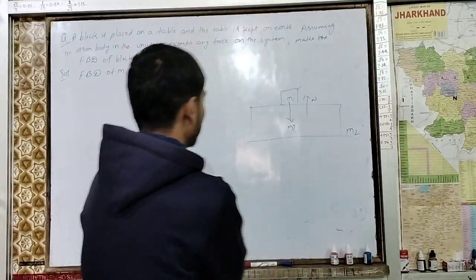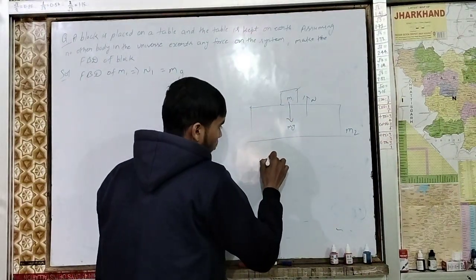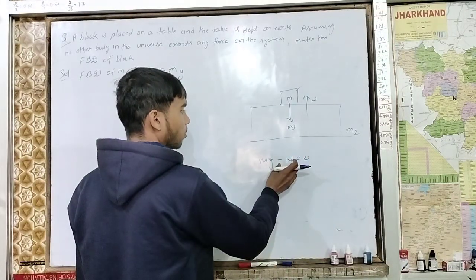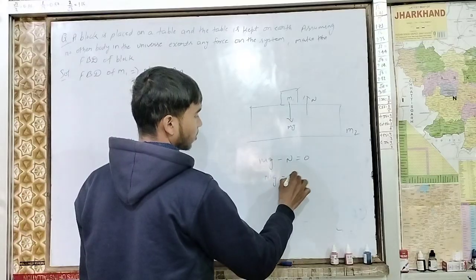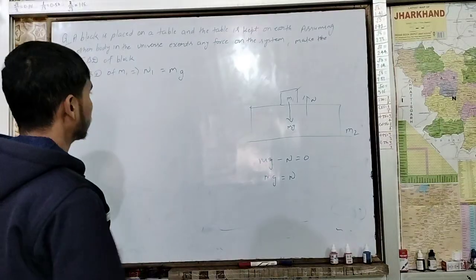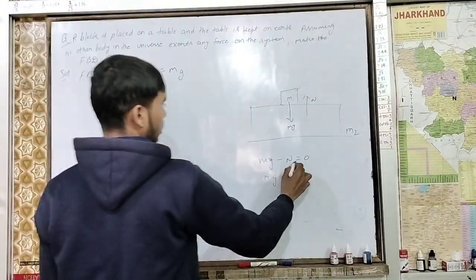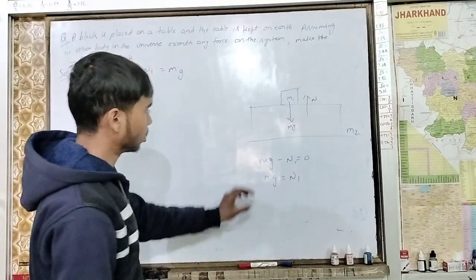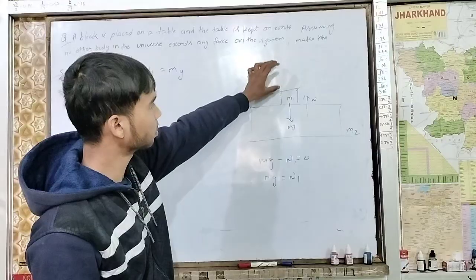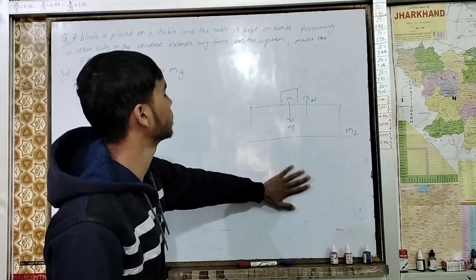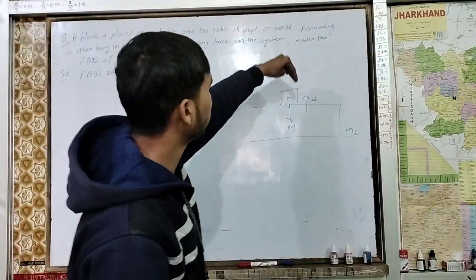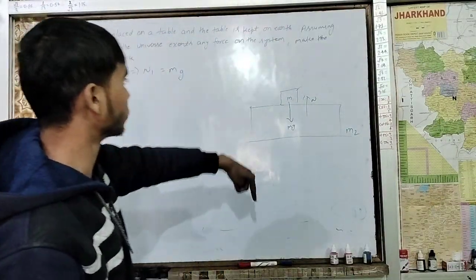The reason is downward force minus upward force equals 0. Downward minus upward. So for the free body diagram of m1, N1 will be equal to m1g.